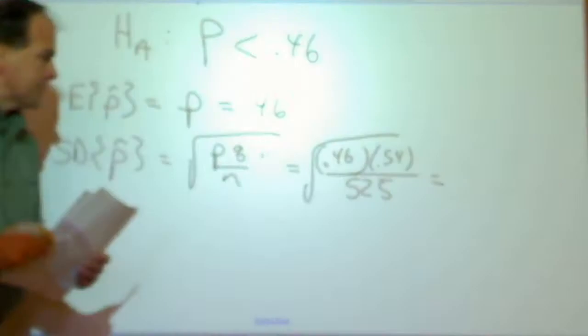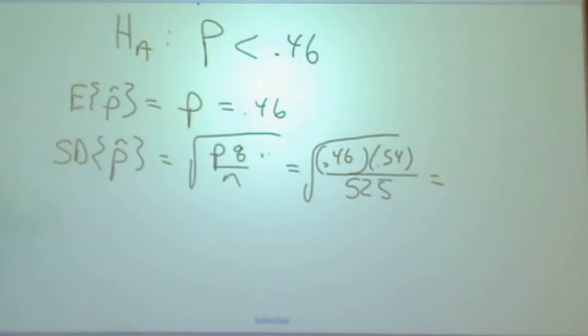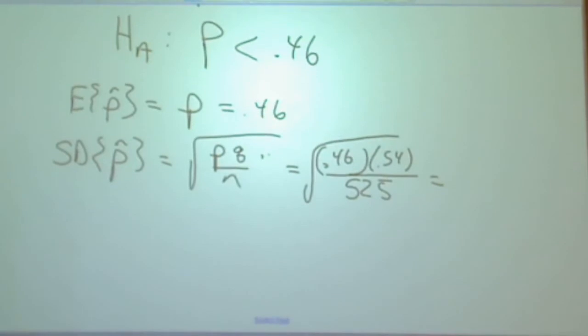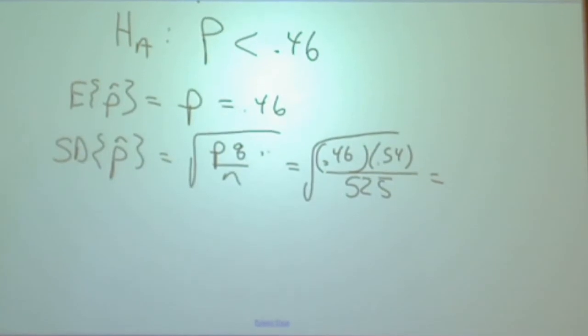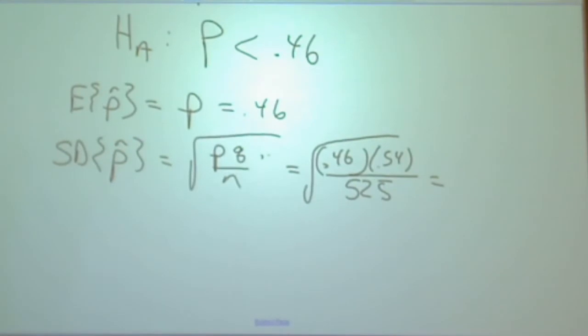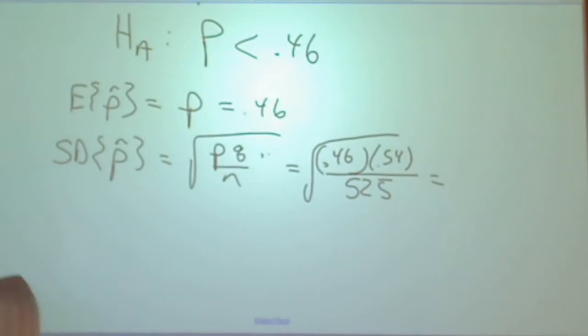Which formula is this under? Is it the sampling distribution model for proportion? Yep. That's the biggest thing. Once you know how to do the formula, it's like plug and chug.